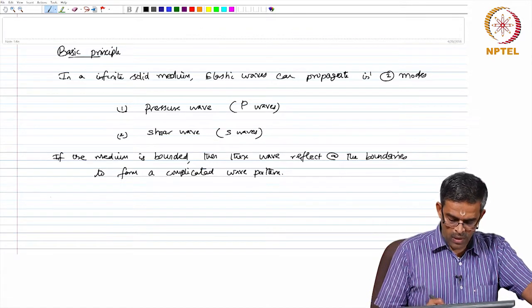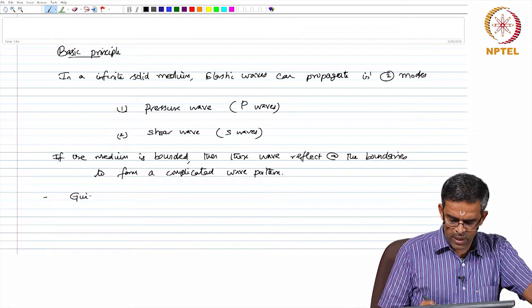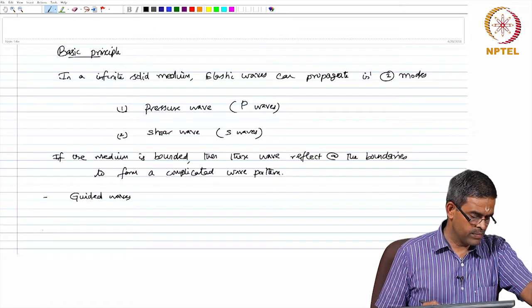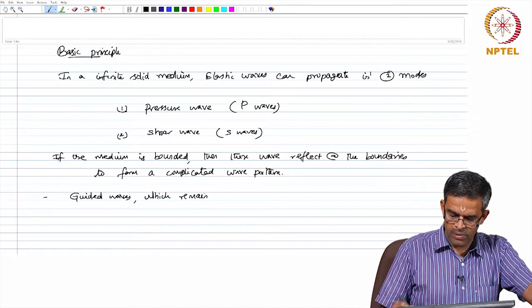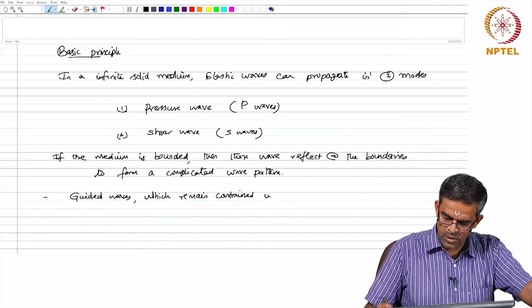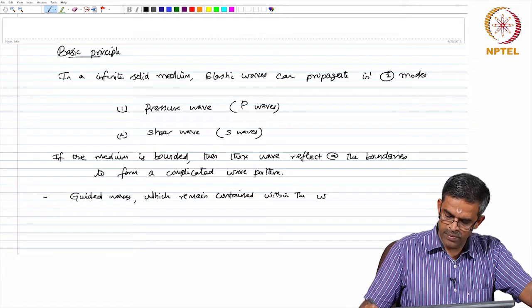Now, alternatively, there are something called guided waves, which remain contained within the waveguide.